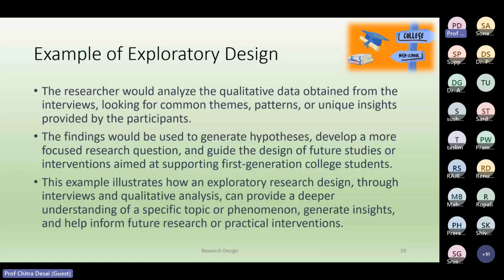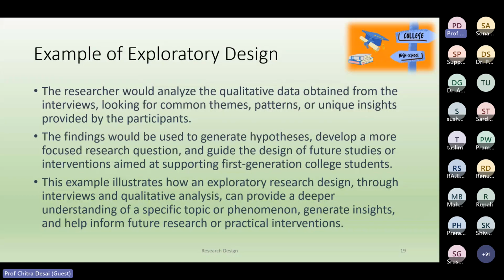Now, in this example, we have illustrated how exploratory research design through interviews and then qualitative analysis can provide a deeper understanding of a specific topic or phenomenon, generate insight, and maybe help to inform future research or practical intervention.